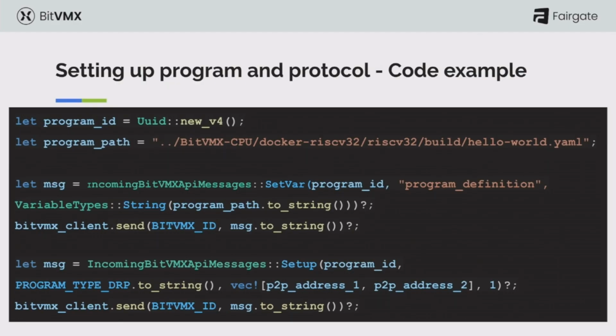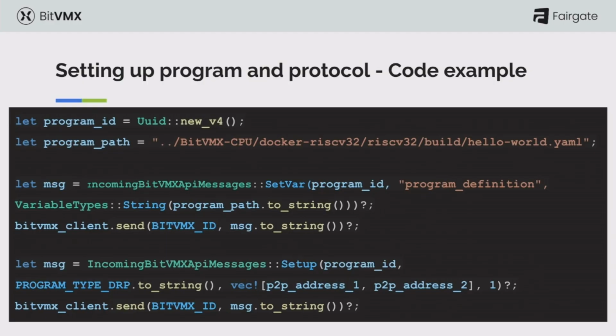We'll need the path to that program, and we will also need the ID. Most IDs on bitbmx are UUIDs, and you will have to handle those all in your application. bitbmx is kind of transparent about that.